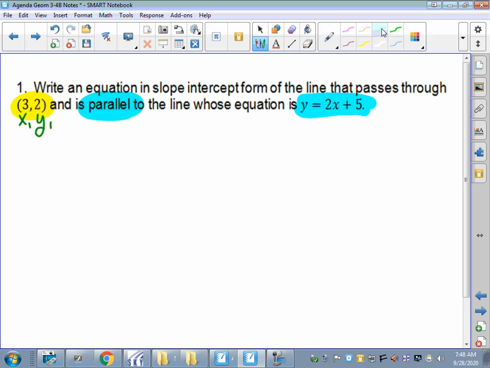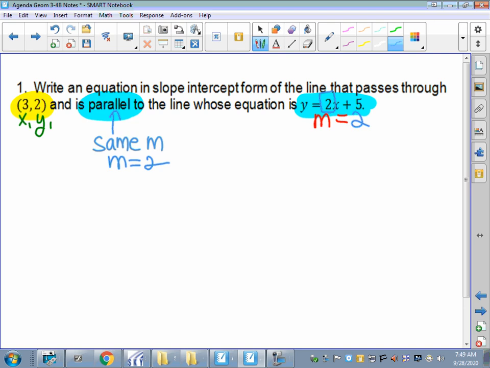So what I would ask you is, in this line over here, y equals 2x plus 5, what is the slope? Well, we know that in slope-intercept form, the number in front of the x is always our slope, so m equals 2. Now that we have that, and we know that it's parallel, it's going to be the same slope, m equals 2.